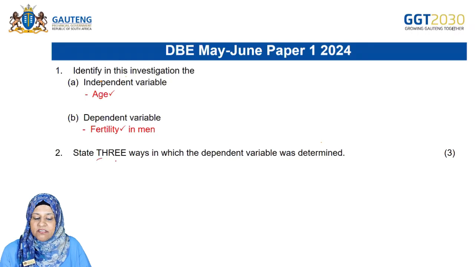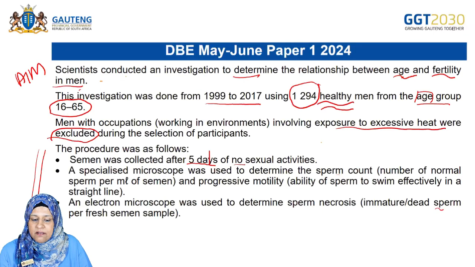State 3 ways in which the dependent variable was determined. Let's go back. Right. They determined the fertility in men. And how do they do that? A specialized microscope was used to determine the sperm count. So that's how they determined the fertility, by using the sperm count.